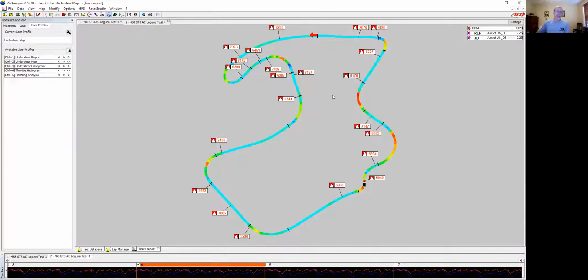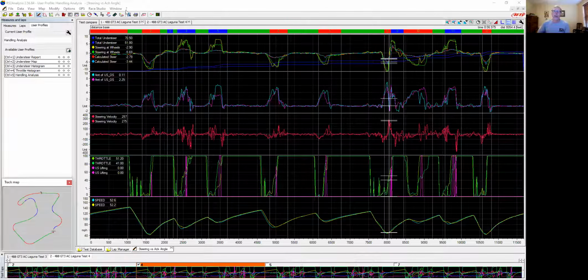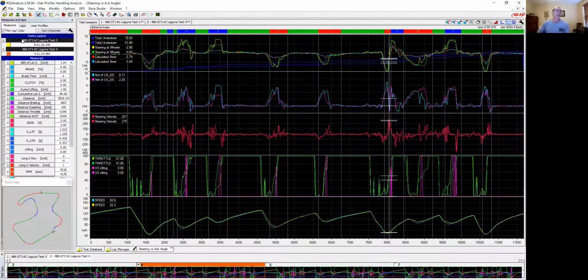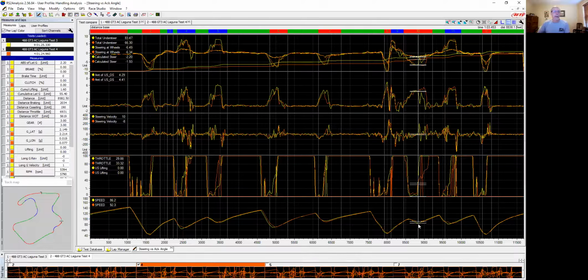So why is that? Well, you can't ignore speed. So I'm going to go look at the handling analysis real quick and change this so we can see. So here's 9. Well, I'm going 6 miles an hour faster on the test 4 lap. And here I'm going like 7 miles an hour faster.